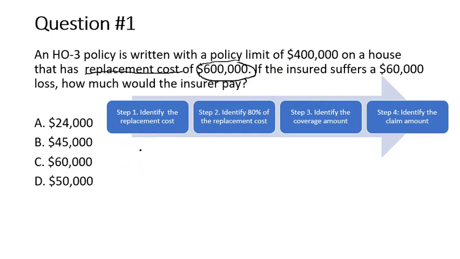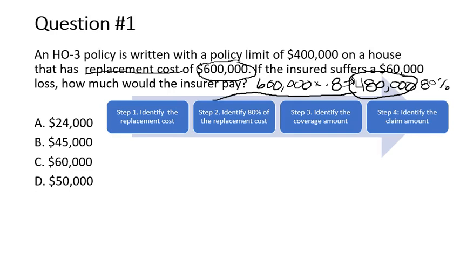So if we take the $600,000 and multiply it by 0.8, which is 80%, then we should get $480,000. This is 80% of the replacement cost.